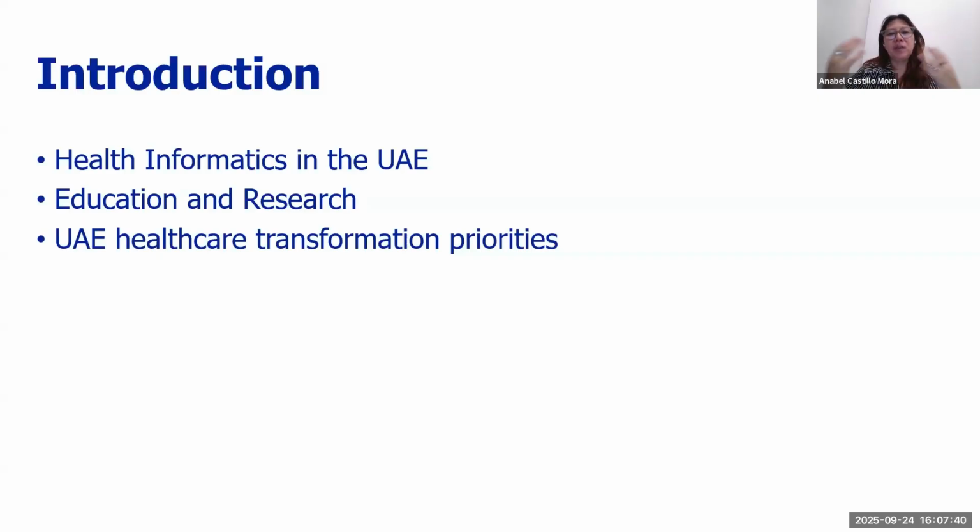And part of that plan is a lot of investment in health innovation, health technology, and health informatics. So I will talk a little bit about what that means for education and research, but it has become something that is a big priority for the UAE government to be able to use top-of-the-line health informatics and to have personnel and labor trained to be able to use these informatic tools.